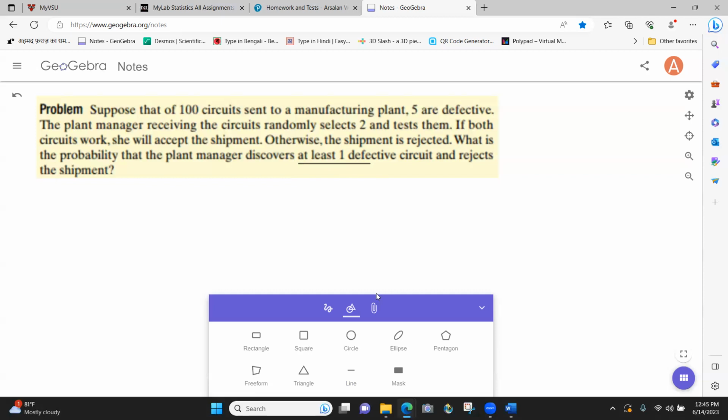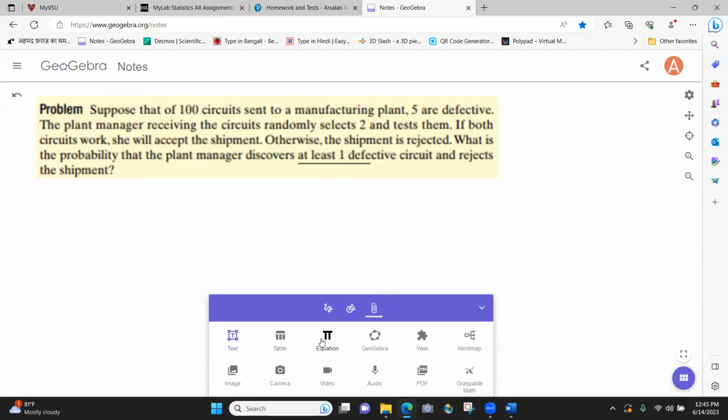Find the probability that none are defective. Let's write it down carefully. Probability that none are defective. However you want to say it, you can say both are fine. Let's just write both are fine. Probability that both are good.